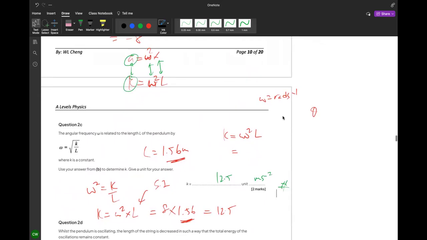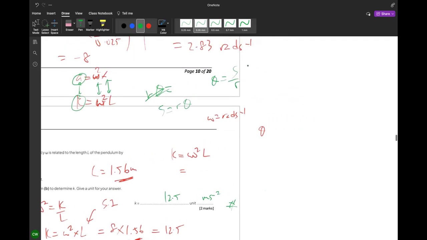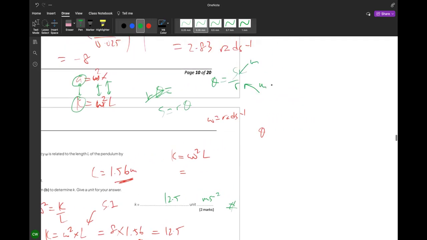Radian is actually not a unit. Radian has no unit. Radian is actually a ratio. s equals r theta, theta equals s over r. This one is meter, this one is also meter.